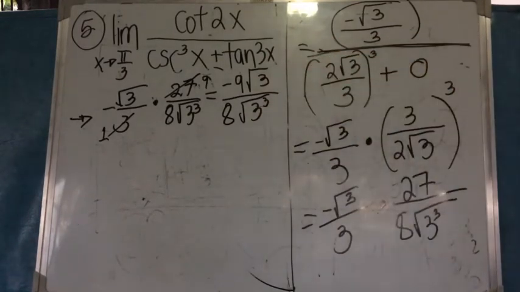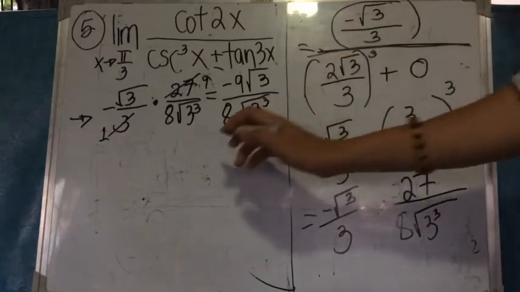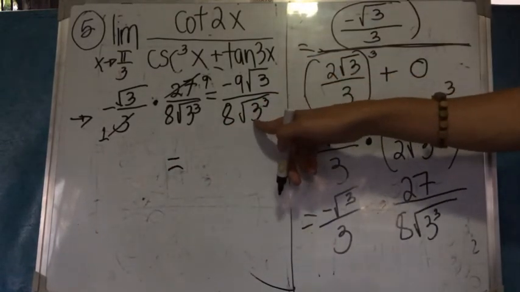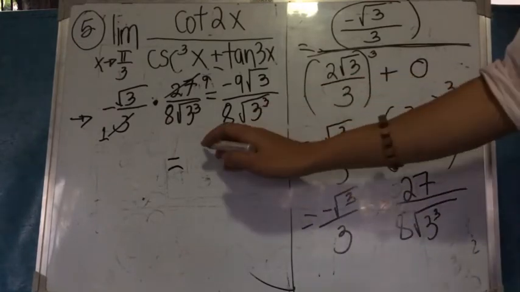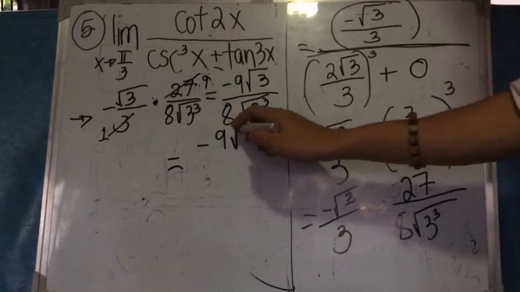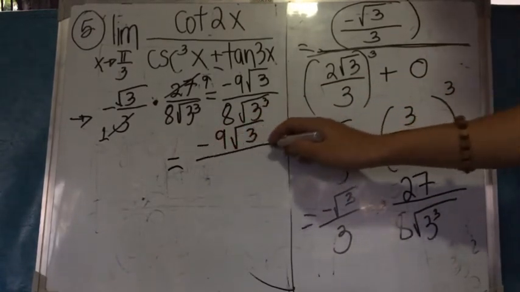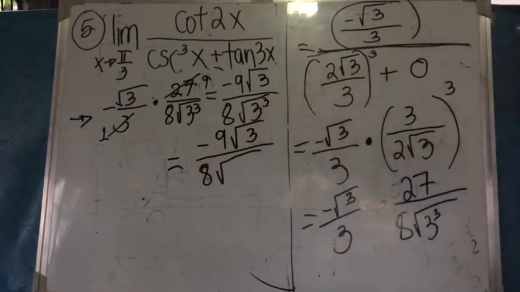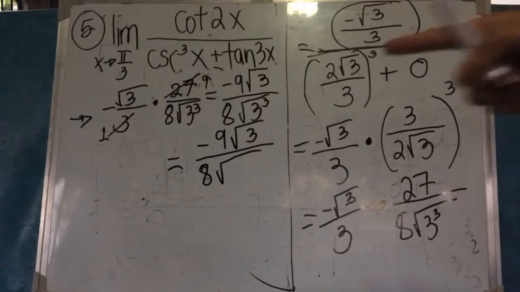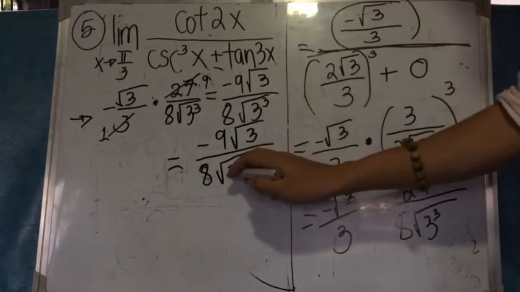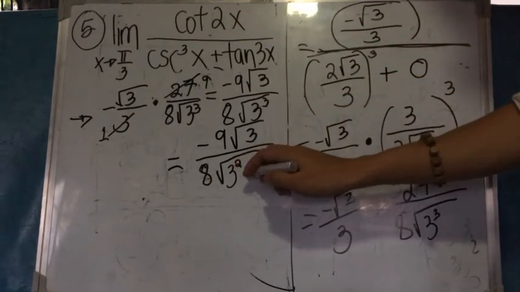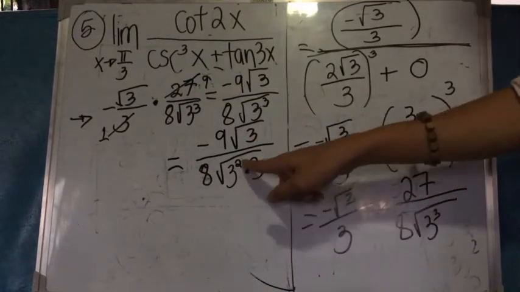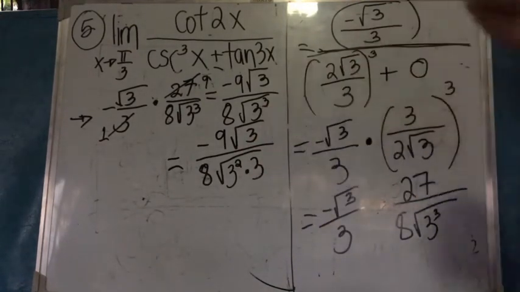Continue simplifying. As you can observe, in this version we can simplify your denominator. Meaning, we can write it this way: 9 square root of 3 over 8. Since the power of your denominator under the radical sign is cube, that is 3 squared multiplied by 3. Meaning, 3 squared times 3 is 3 cube.